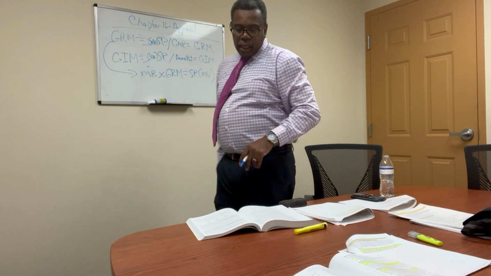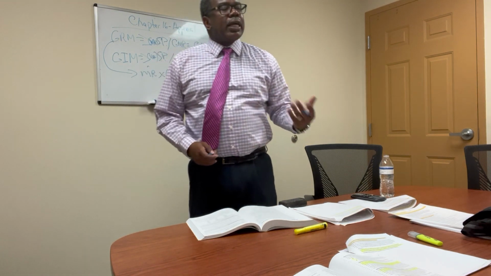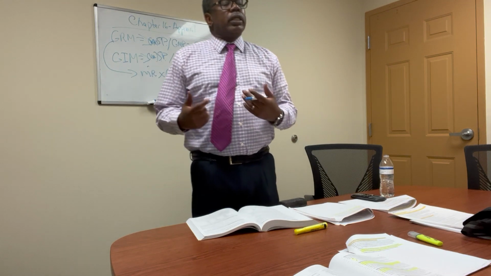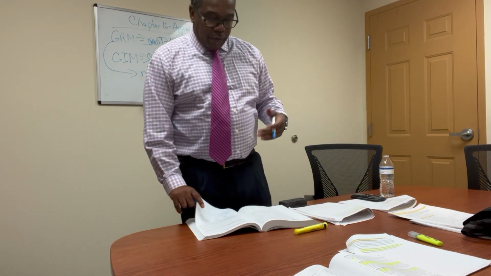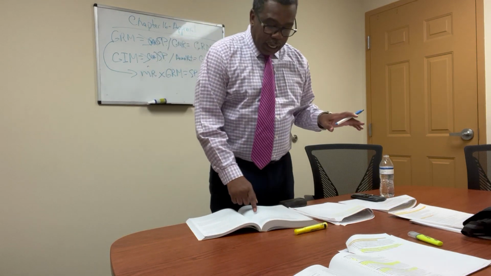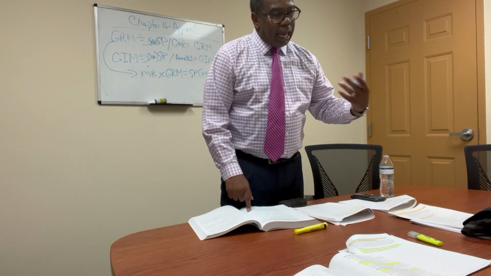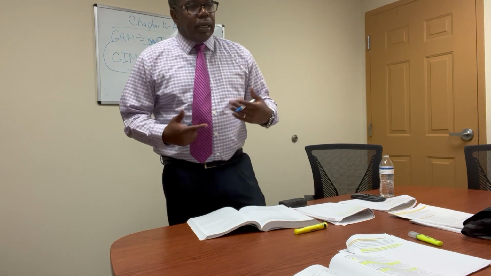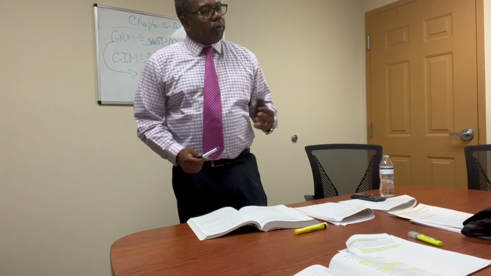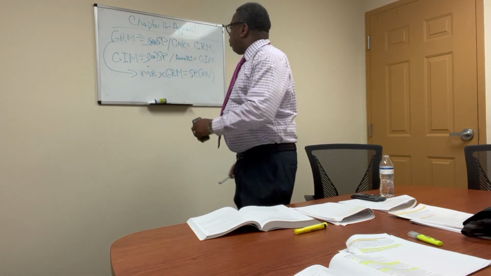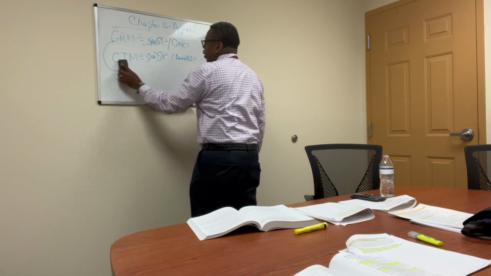Okay? And the gross income multiplier is the same concept, only you'll be using the annual rent instead of the monthly rent. So that multiplier will be a little less because it'll be the annual rent, but the formula would be the same. So again, chapter 16, appraisal concepts, approximately 8 questions will be there.